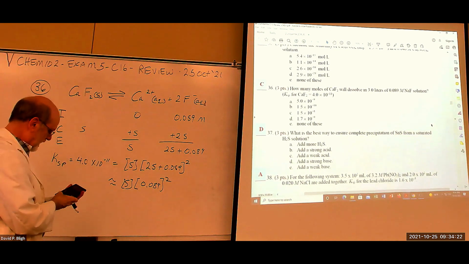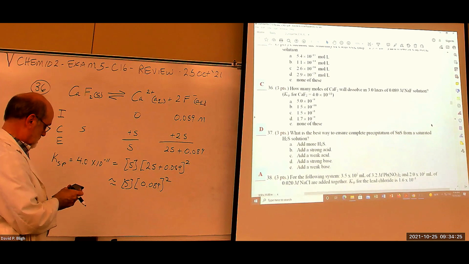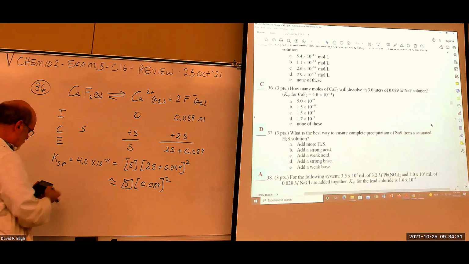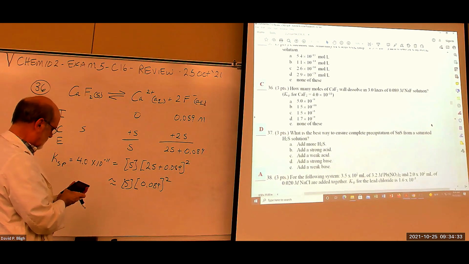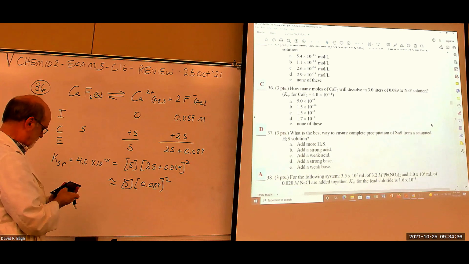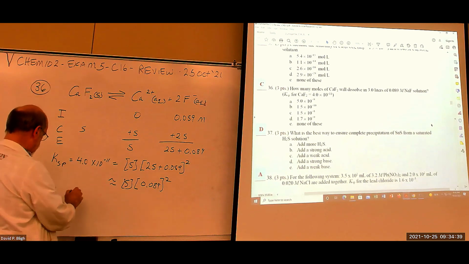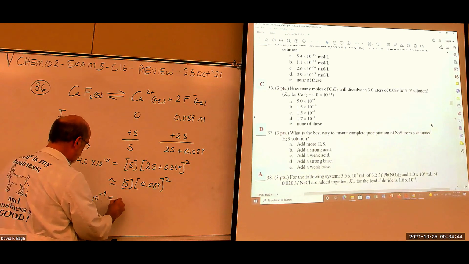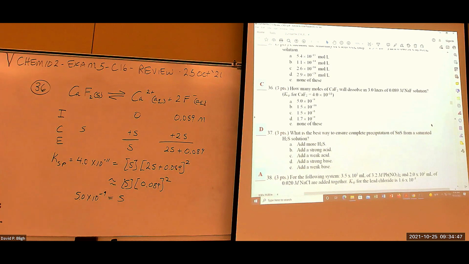So if we square 0.089, and then divide it into 4 times 10 to the minus 11, I get 5 times 10 to the minus 9 equals S. Let's see, 36. 1.5 times 10 to the minus 8. Okay, what did I do wrong?